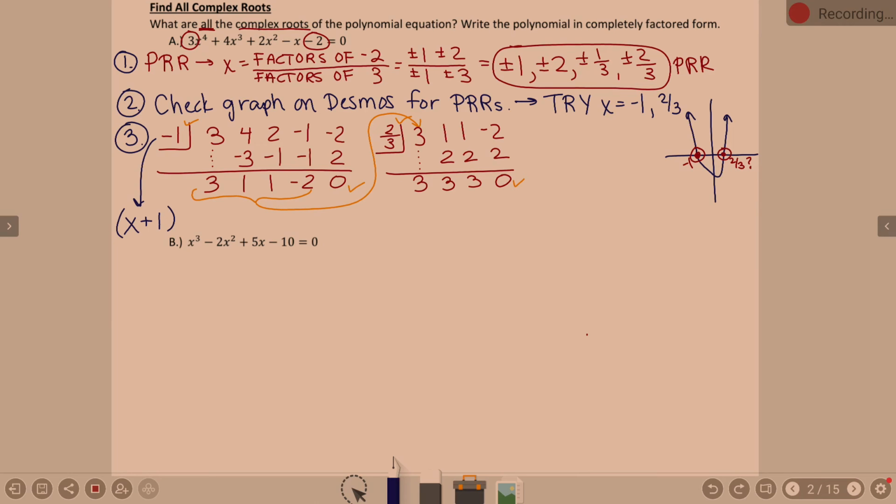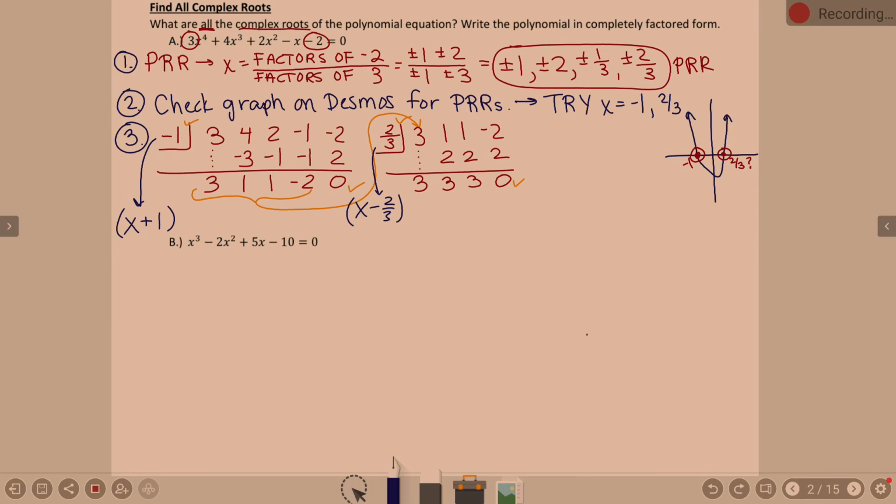That's one of my factors. And 2/3 is going to be x minus 2/3. Those are my factors that we're going to use in a moment when we give our answer. Wait, we're not even done?